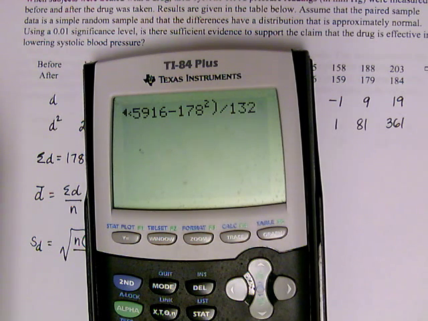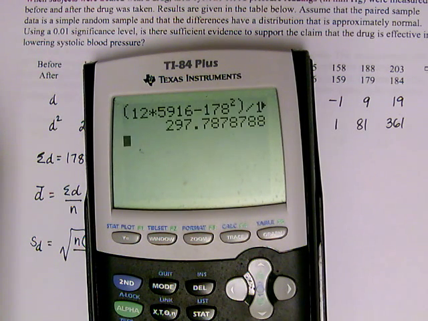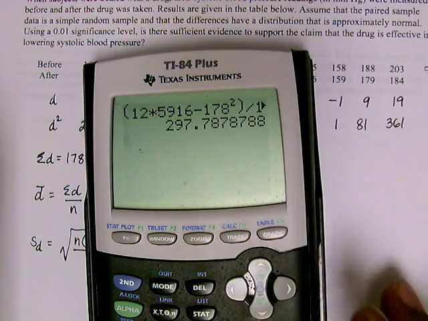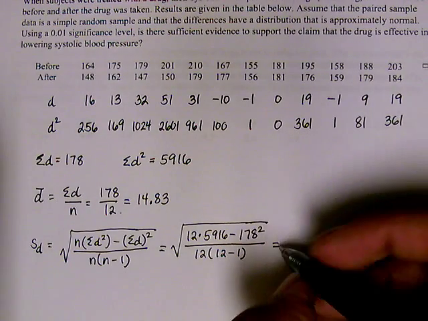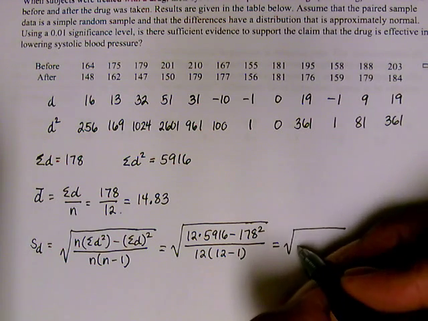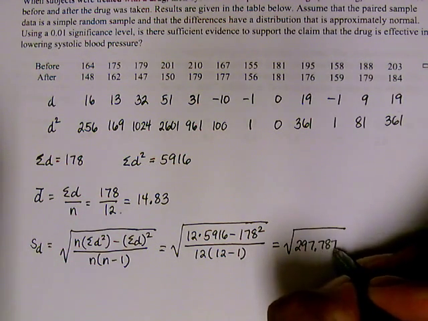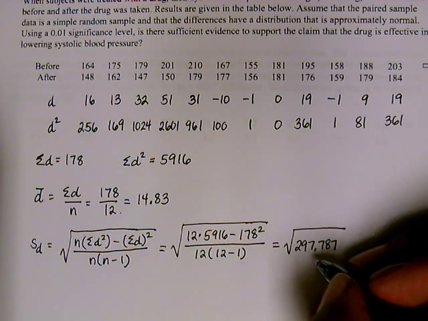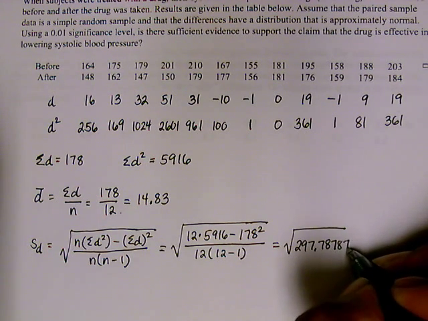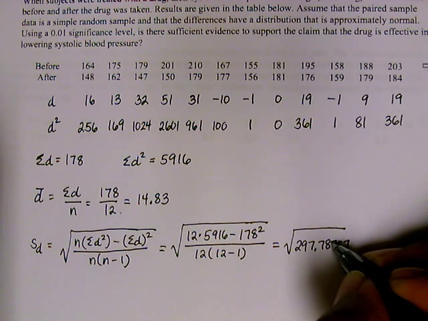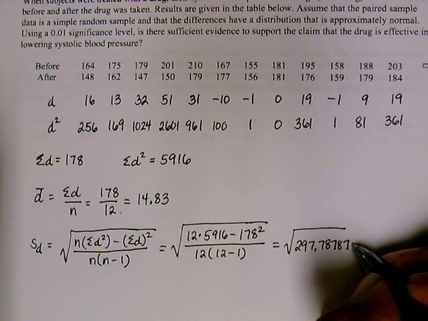So that'll be divided by 132, which would give me 297.7878788.